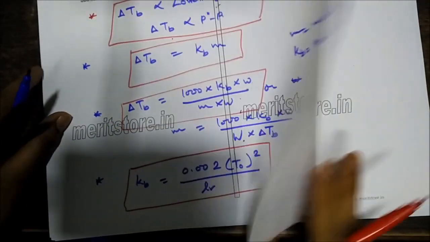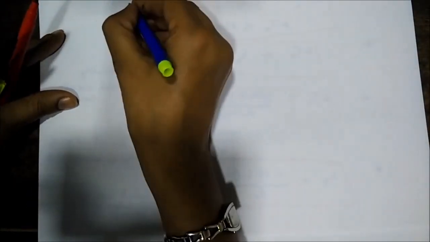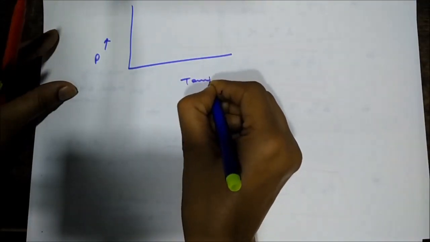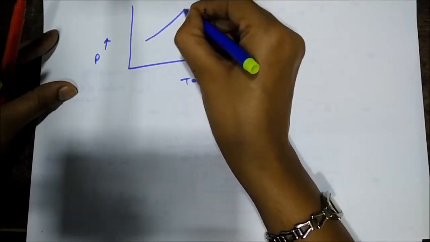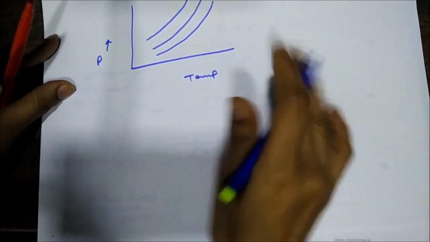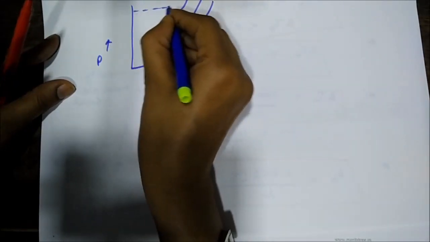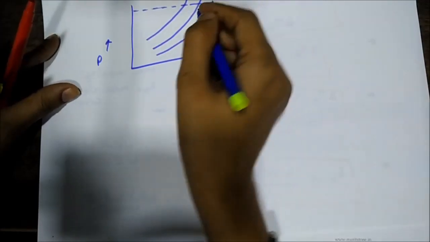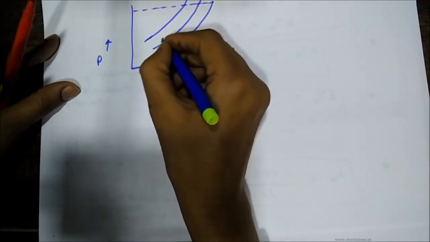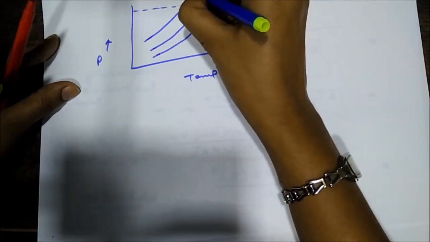Or we can draw a graphical diagram for elevation of boiling point. Here is the pressure and here the temperature scale. This is our atmospheric pressure and this is our solvent. This is for solution 1 and this is for solution 2.